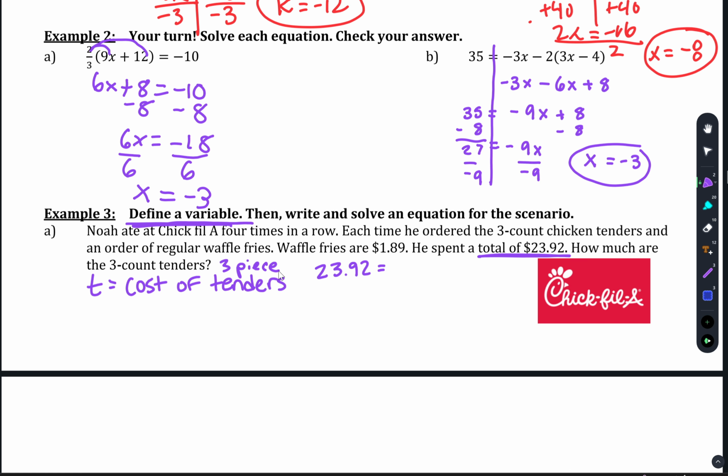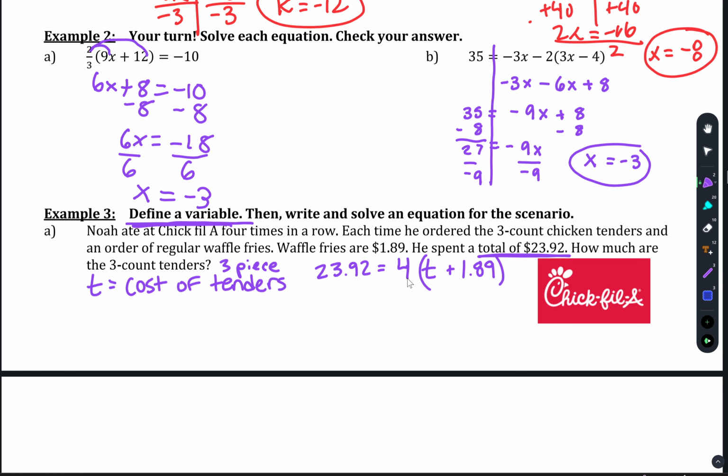T. So I want to represent that he got the tenders and the waffle fries 4 times. How do I represent that he got it 4 times? Just multiply it by 4, right? So I'm going to put this in parentheses. I'm going to put a 4 in the front. There's my equation. This says he spent $23.92, and that's 4 times he went and got however much the chicken tenders cost plus the waffle fries for $1.89.